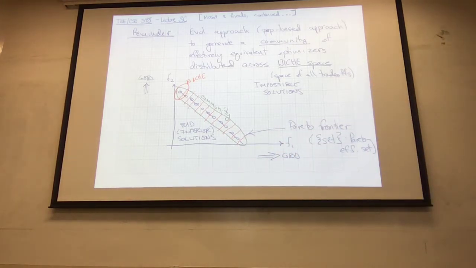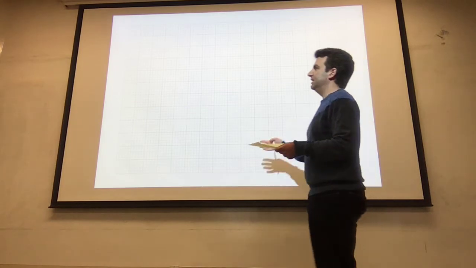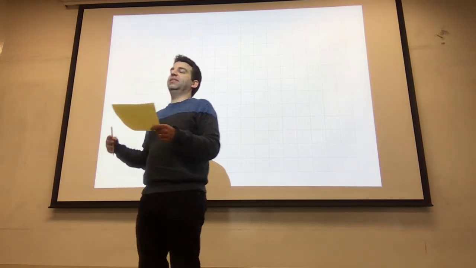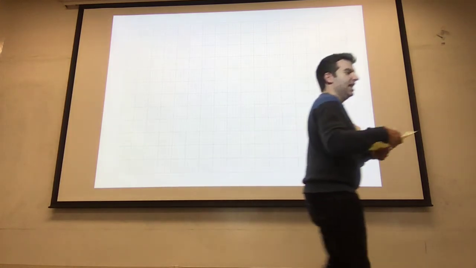All right, so then we started introducing different methods for doing this. Last time I went into a lot of detail, so I'm not going to go into as much detail now. I'm just going to remind us of the three different methods we went over, and then introduce the next method.